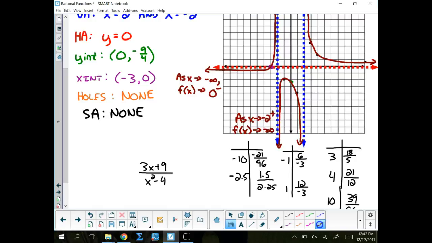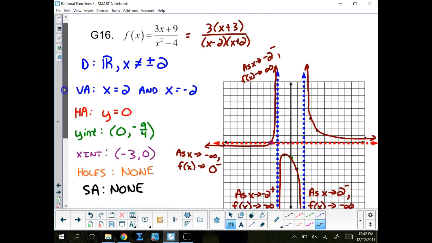Then we've got this one, 2 from the left, negative infinity.